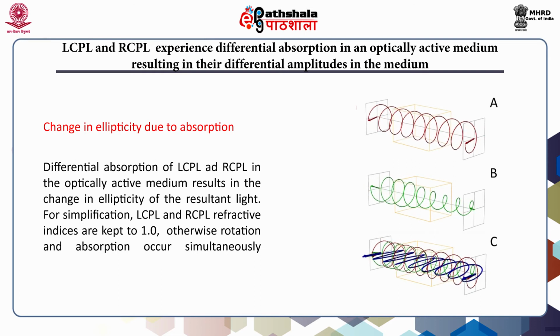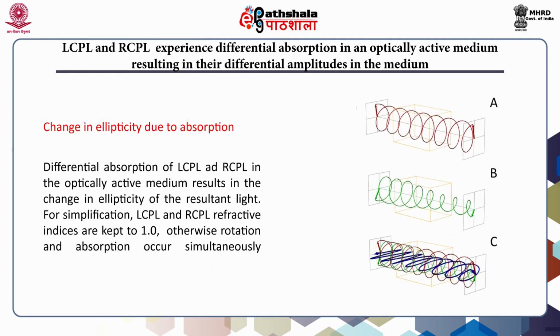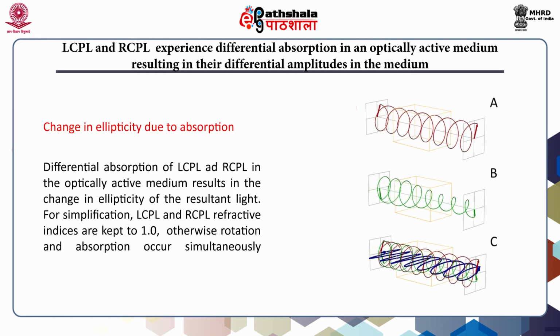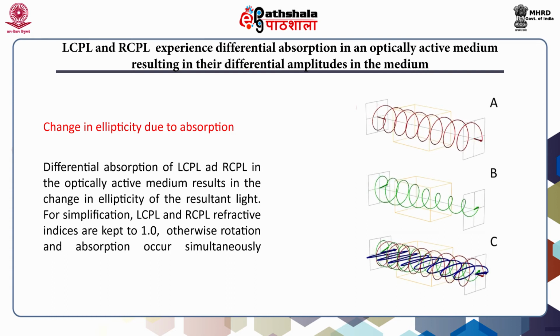And you can see when both A and B panels are combined, that is LCPL and RCPL together, after passing through the optically active media, how the resultant wave is behaving. It is rotating around the axis, which is horizontal in this case.